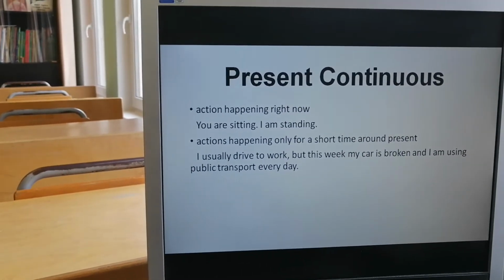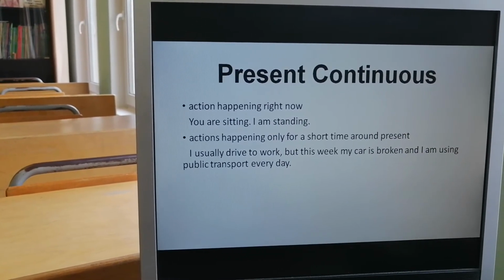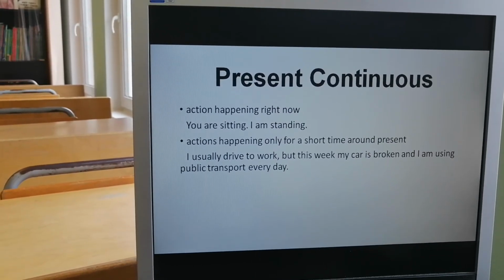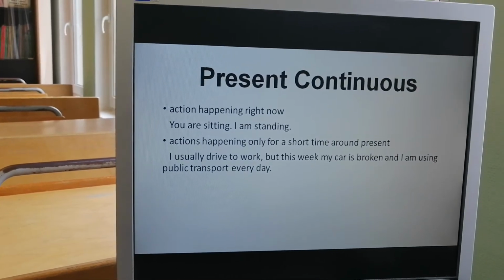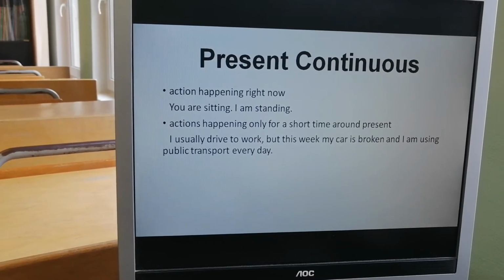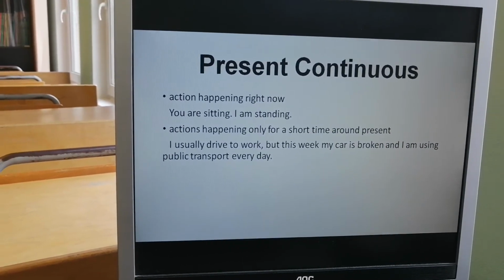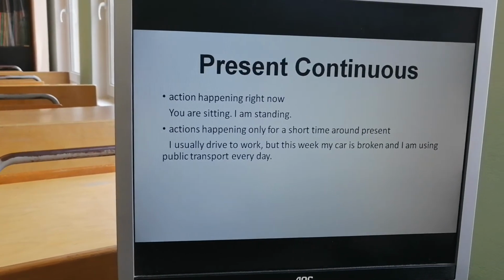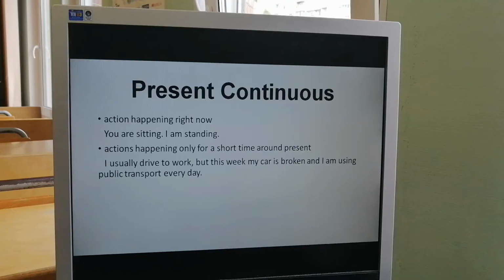Because it's only this week, I used present continuous despite having this every day. Similarly, my friend lives in St. Petersburg, but this year she is living and working in Moscow. So only this year, that's why I used present continuous.